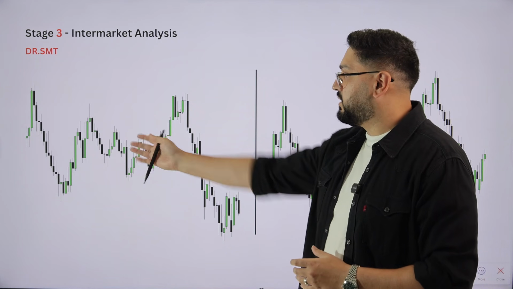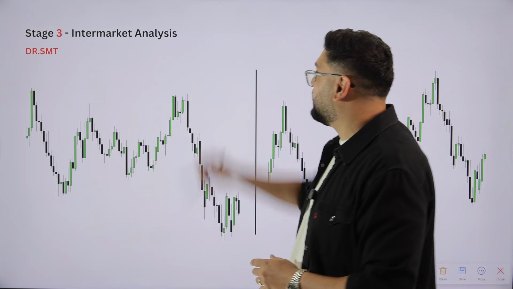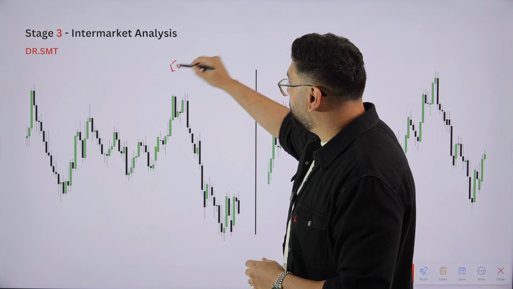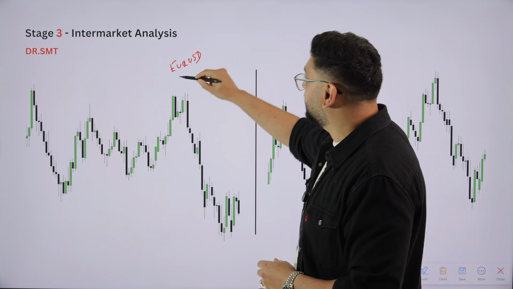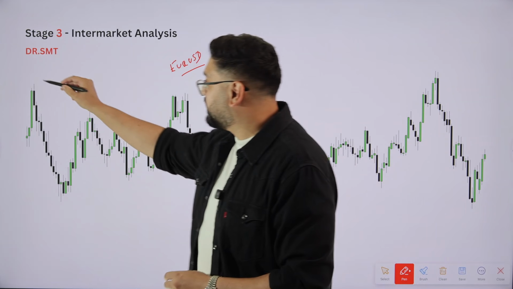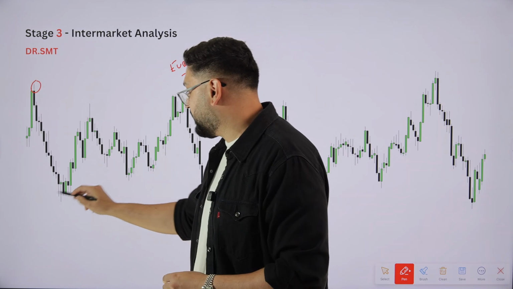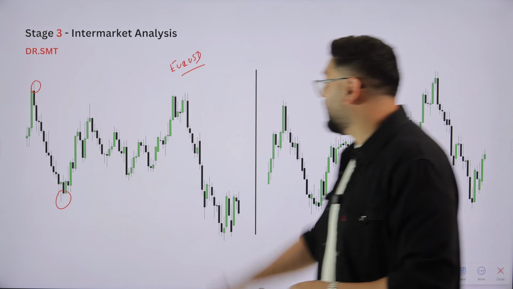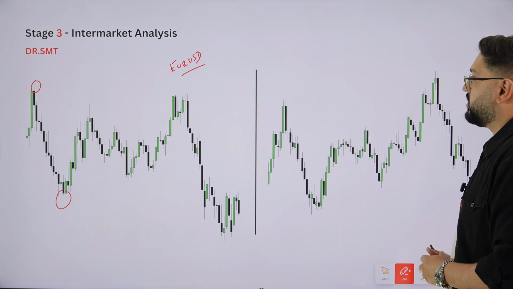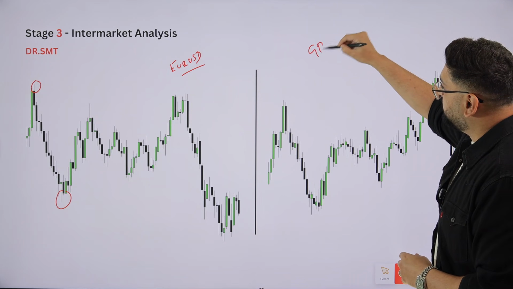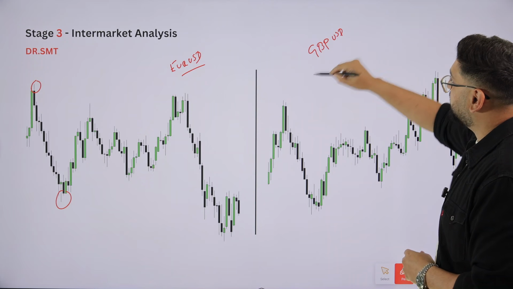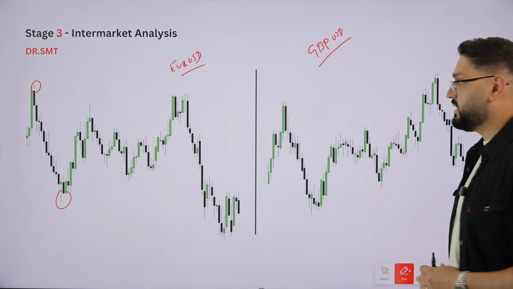If we take this here as an example, and this is on the euro dollar, we can see that we have a dealing range high here and we have a dealing range low here. And on this side of the chart, we have GBP USD, right? So these are both obviously correlated pairs.